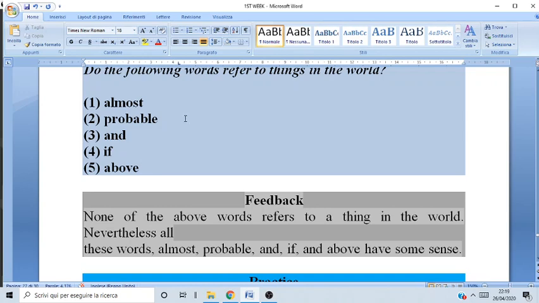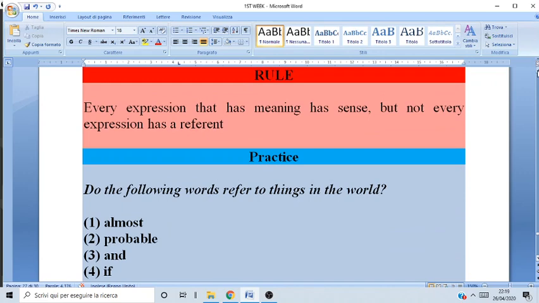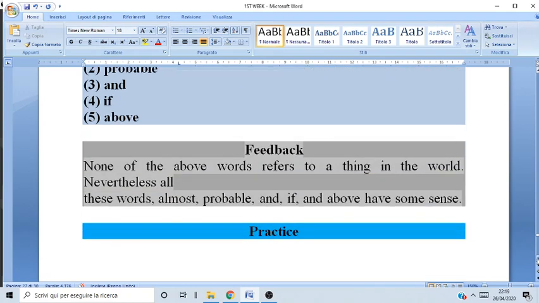Okay, they don't refer to things. You can't see almost. You can see a cat, but you can't see almost. And this is exactly what this rule is talking about. Every expression that has meaning has sense, but not every expression has a referent. So I can say that almost, probable, and if have sense, but nope, they don't have a referent in the real world. Okay, so that's the difference between referent and sense.